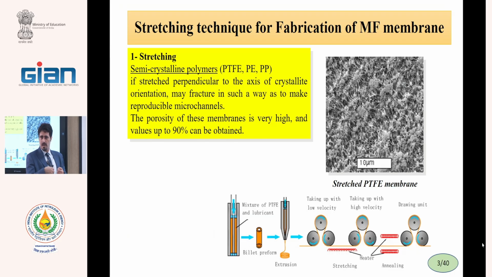We melt the polymer or we dissolve a polymer in the solvent. In the stretching technique, we usually melt, or if we have a dissolved solution, the concentration of the polymer is very high, and we have a very viscous solution. We coat it on a glass or on a support or produce it as a hollow fiber.